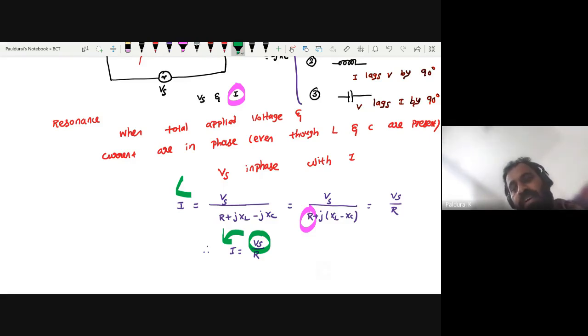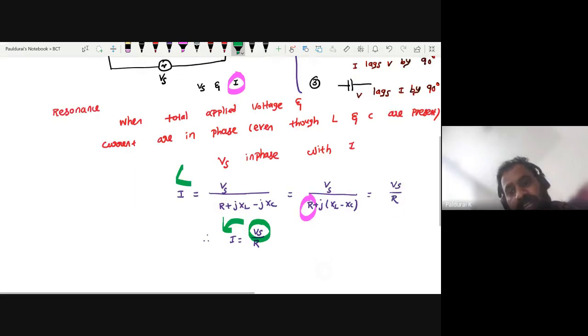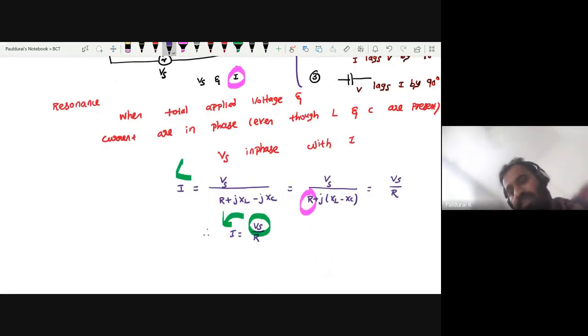So what is the condition to satisfy this? When XL equal to XC, I want to make this term 0, right? So now take j times (XL minus XC) equals 0. Therefore, XL equal to XC.